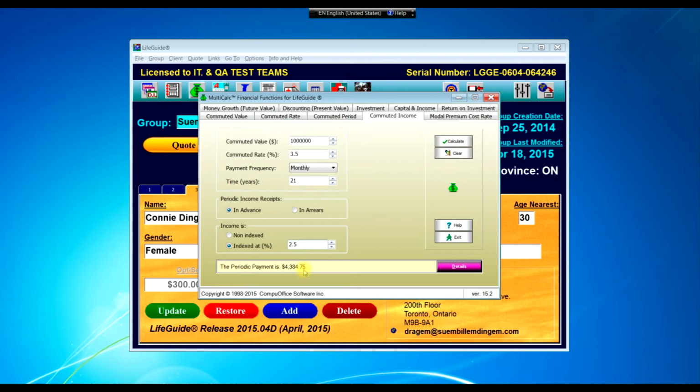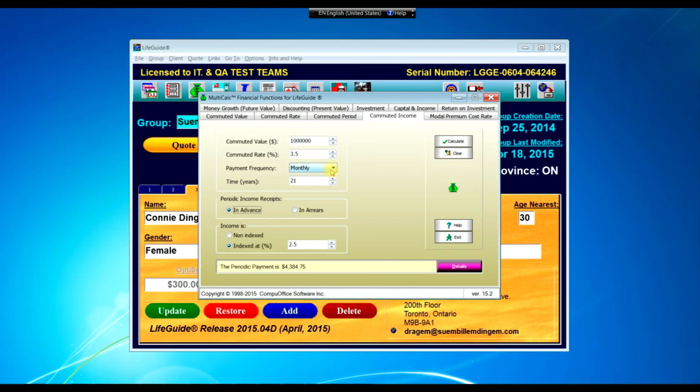If we say that we want the payment in arrears, meaning at the end of the month rather than at the beginning of the month, we click here to say in arrears, and we see that the amount of each payment is slightly increased, in this case 4,388.30 versus 4,384.75. So it's only a few dollars, but you can do it either way.